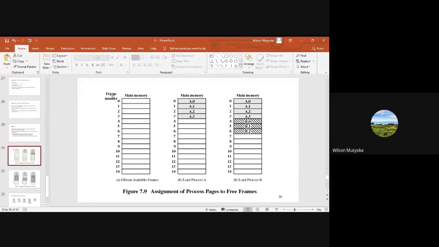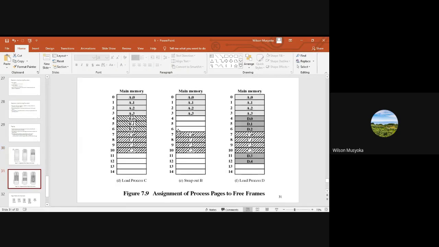The frame number is like the chunks which have been divided. So this main memory is going to be assigned to these processes. Like process A is going to have several chunks, or what we are calling pages now, 1, 2, 3, 4 of them. And then another process is going to be allocated several chunks as well. So that is how paging works.